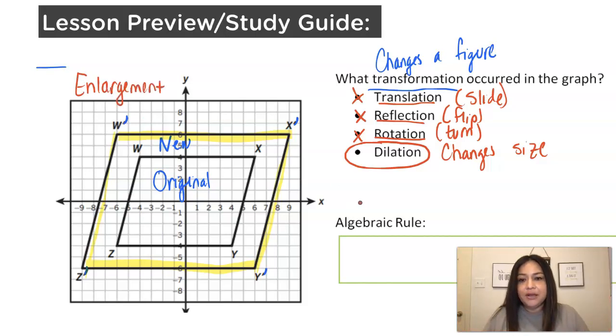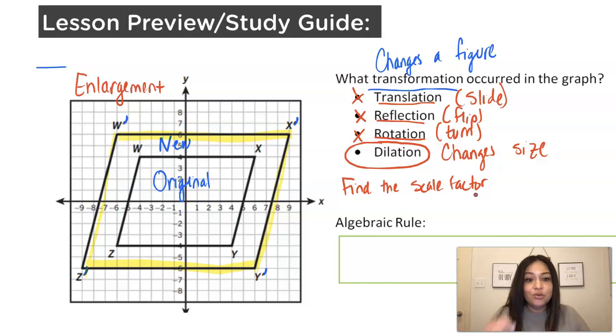Okay, so now how do I write an algebraic rule for this? Now, in a dilation, we multiply the original side lengths and coordinates to create a new size, okay? So in order for me to look for that multiplication, I need to find the scale factor. Remember, the scale factor is the number that we multiply by the original to get the new.